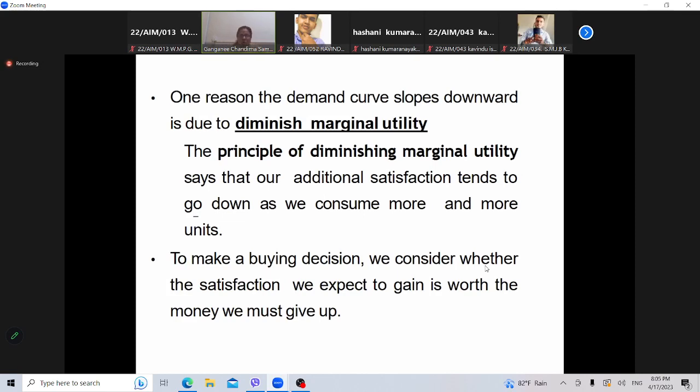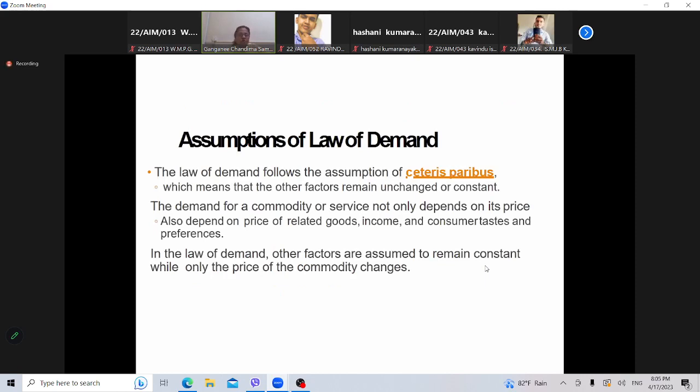Okay? But here also there are some assumptions. In the law of demand, normally we consider other factors remain constant, but in real situations, other factors are not always constant. Okay, so we have to consider that also. We assume other factors are constant and we see only the change of the price and quantity demanded. The demand for a commodity or service not only depends on its price, we explained it depends on other factors as well.